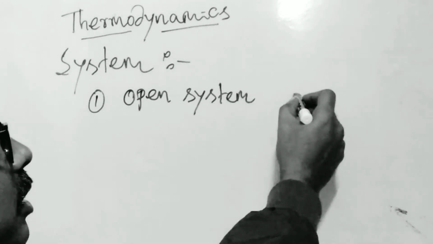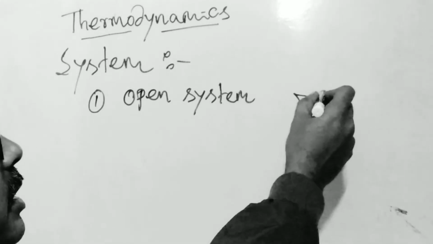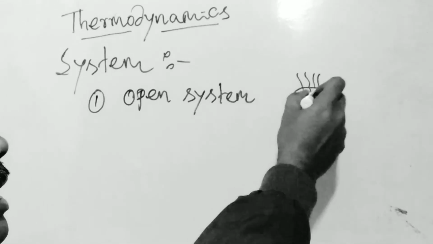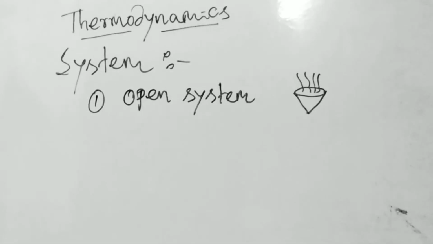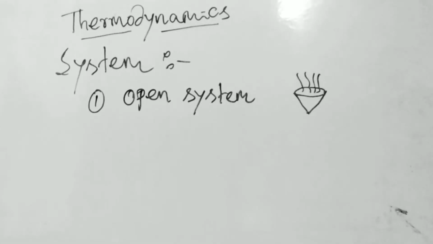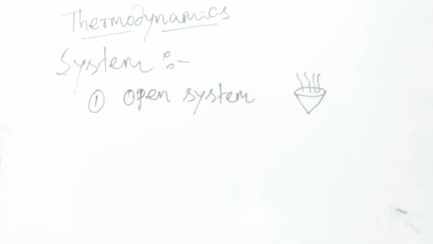If you take a cup of hot tea, then the heat is emitted to the surroundings and some amount of tea can be again entered or can be taken out from the cup. So this is an open system where both mass and energy are exchangeable with the surroundings.